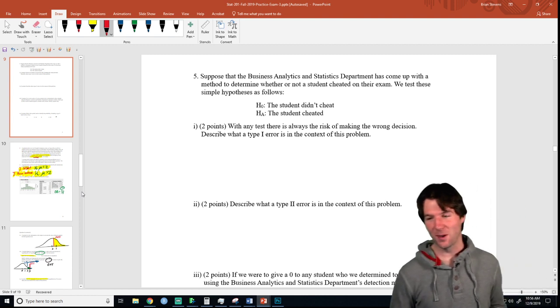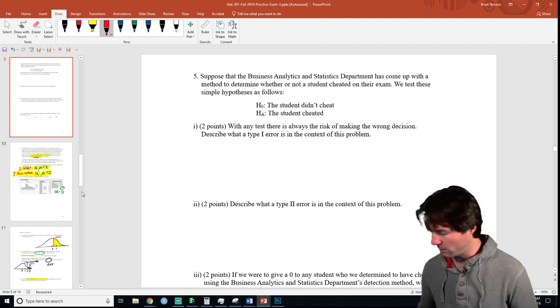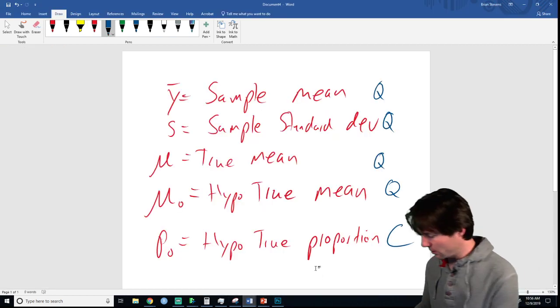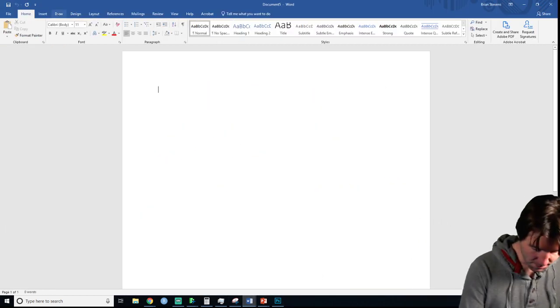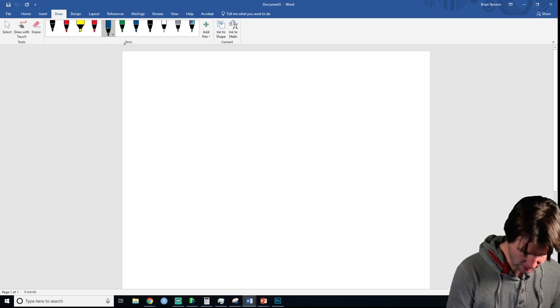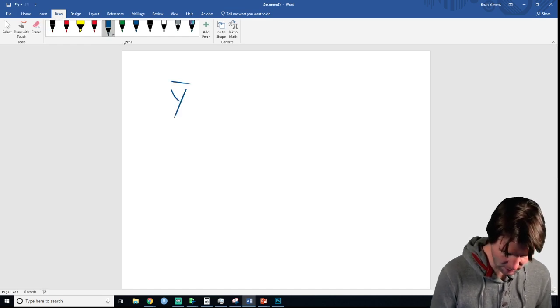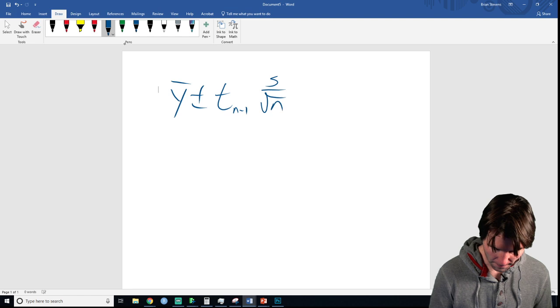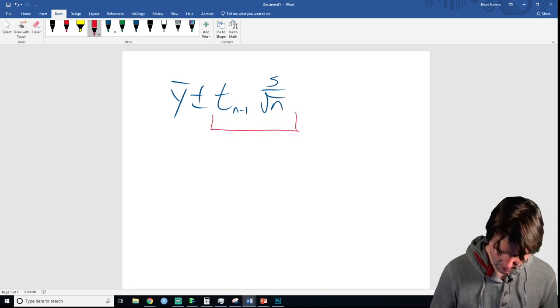We got type 1, type 2 error. The margin of errors. Okay, let me do that really quick right here. We're gonna end with this question, and we're gonna write out the margin of errors. Margin of errors on this test will be things like, that's the margin of error right here.